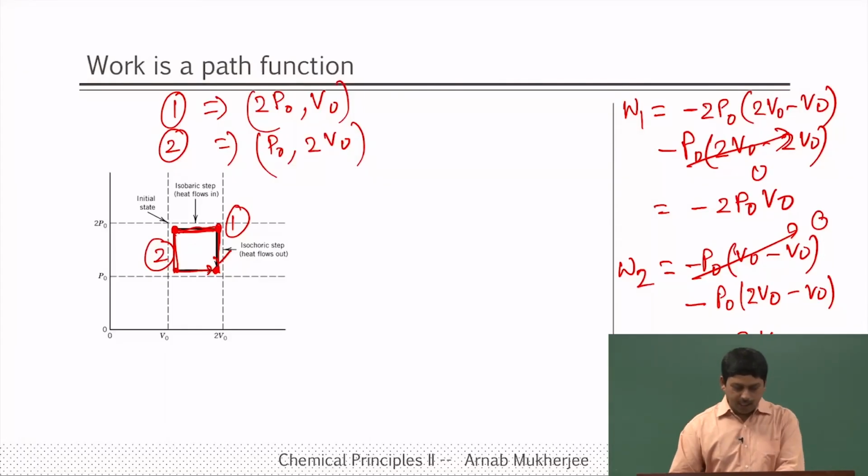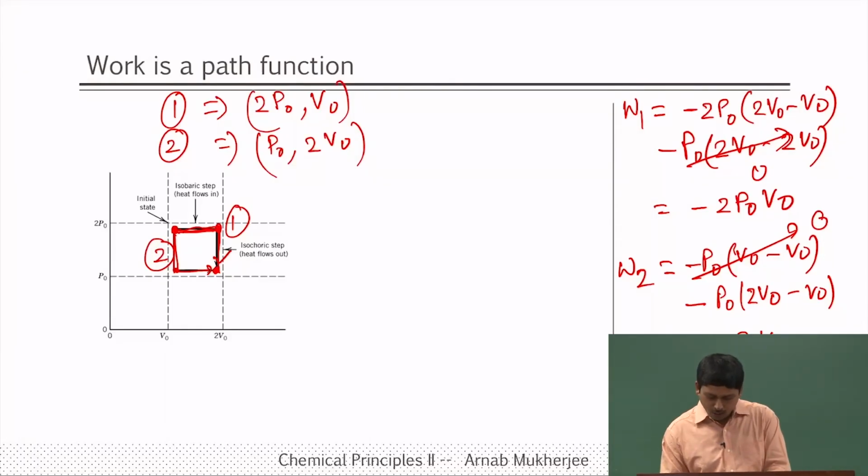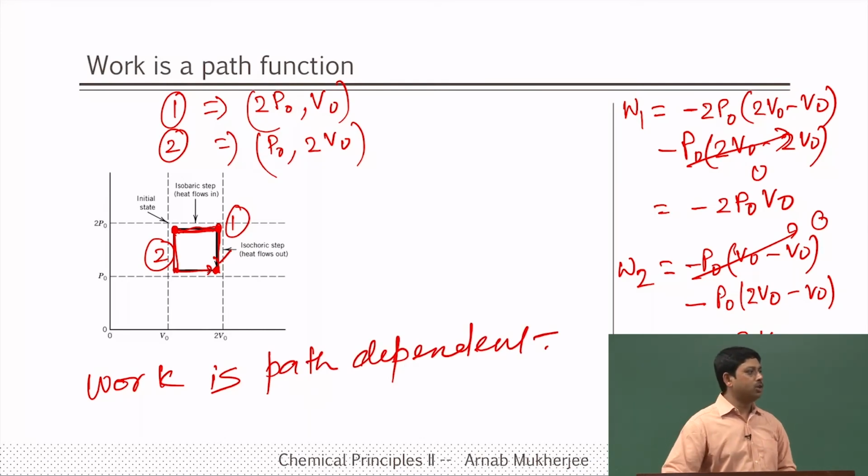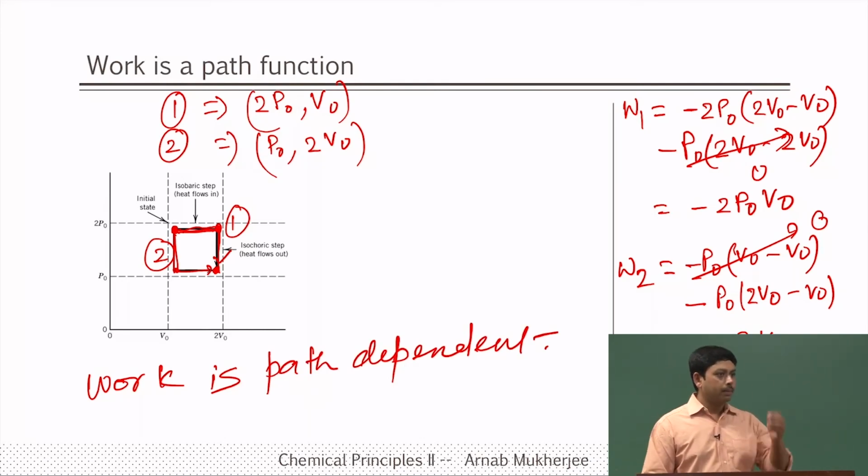So, that means what we say is that work is path dependent. Now, how does the system do the work? In order to do the work, it has to go from one step to another step, right.